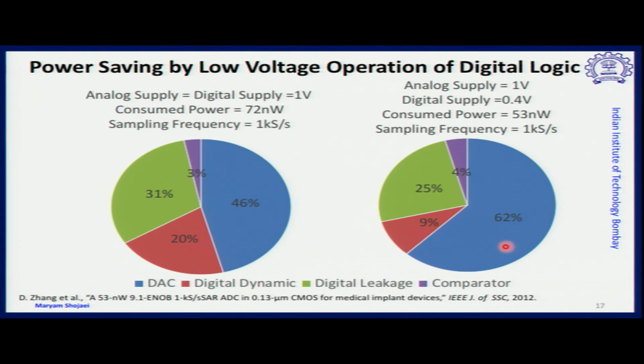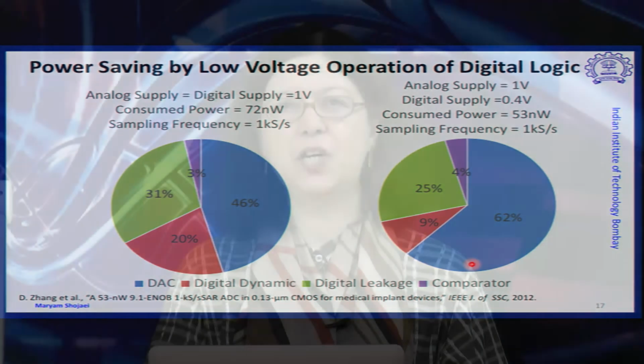So now we can see the focus area, after the multi-supply solution, should be reduction in the energy of the DAC. And this will be achieved by designing proper switching schemes for the charge redistribution DAC or capacitive DAC.